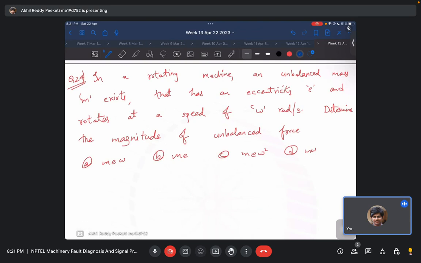It has an eccentricity e and rotates at a speed of omega radians per second. Determine the magnitude of the unbalanced force.